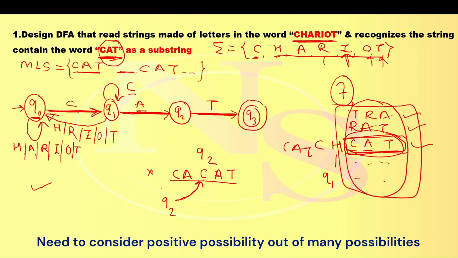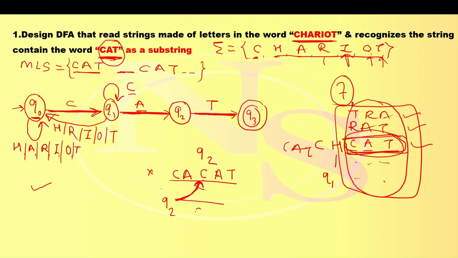So how to read this? Q2 is trying to find a transition for C. This transition will go to some other state. Which state? The state which reads the symbols AT and goes to final. Why so? Because CRCAT is a valid string. After reading a valid string, the automaton should go to the final state. Hence the transition from Q2 for symbol C will go to some other state, and from that state there is a path for AT.